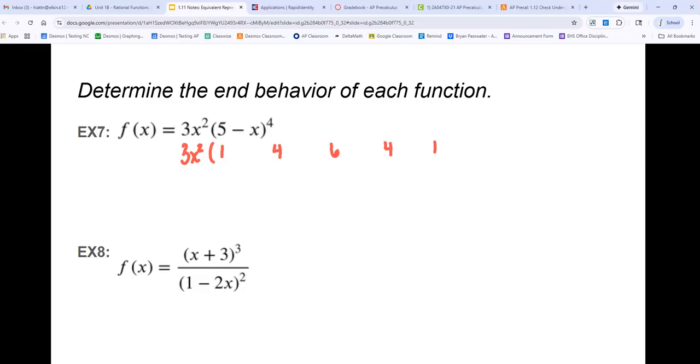In my head, I would shorten this up even a little bit more. But like I would have 5 to the 4th power, 5 to the 3rd power, 5 to the 2nd power, 5 to the 1st power, no 5 at all, right there. And then I would have the negative x. I'd have negative x to the 4th power, negative x to the 3rd power.